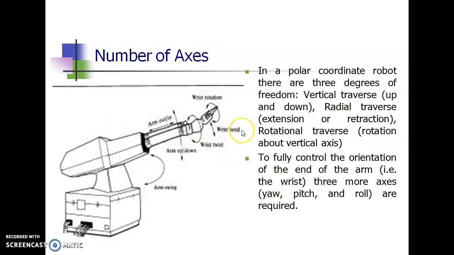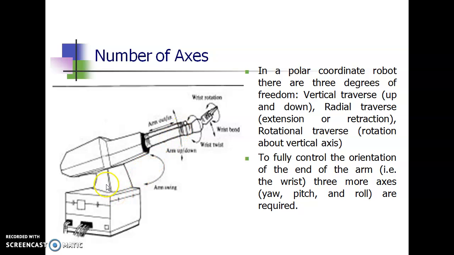In this case, you can see in a polar coordinate robot, basically it has 3 degrees of freedom. One is the vertical traverse, that is up and down motion. This is radial traverse, a linear motion, extension or retraction.